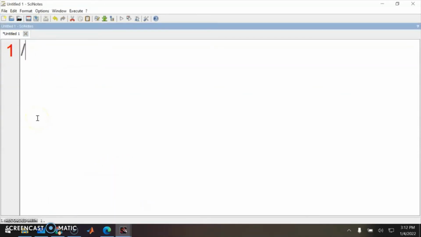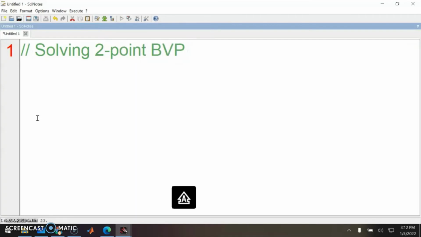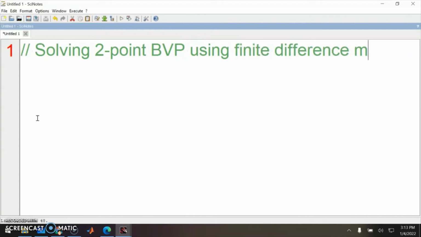Now, what you want to do is solve a 2-point boundary value problem using the finite difference method.